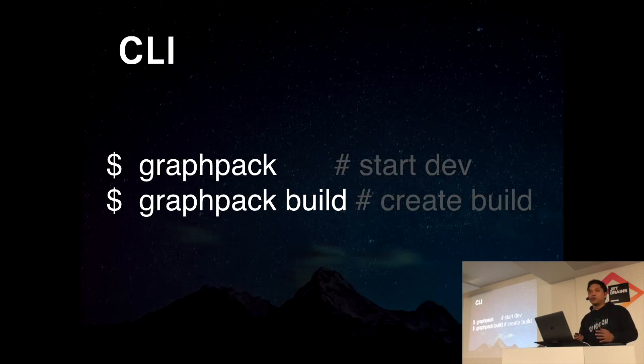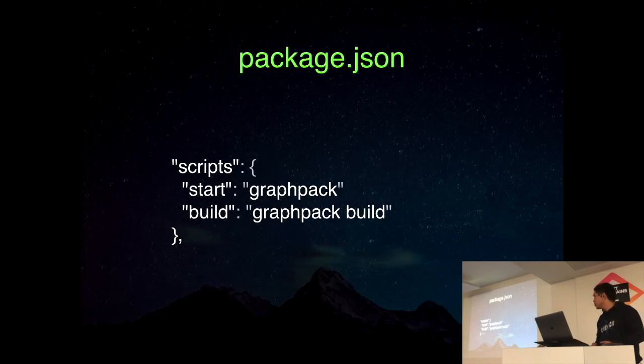And that's the point where you just run it in production afterwards. The idea with these commands is that you put them into your run scripts in your package.json file. So then you have just an npm run start command or npm run build command for running Graphpack without doing anything else.